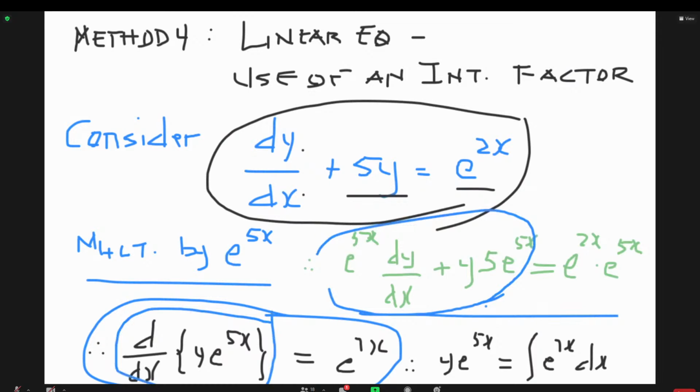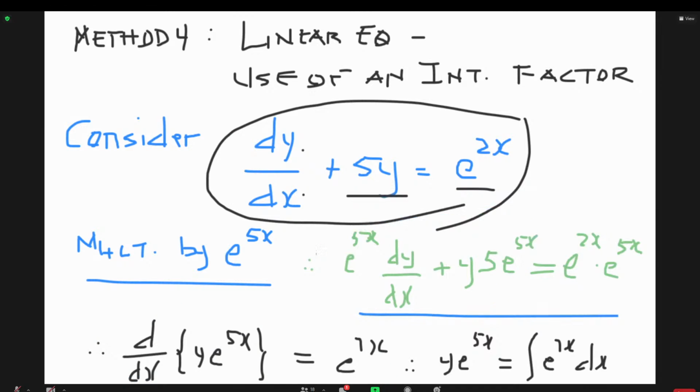So by multiplying by that particular value, e to the 5x, and how we come up with e to the 5x in this example, is we found the integrating factor, which was e to the integral of 5. So we got e to the 5x. And so when we multiply the left-hand side, we ended up with the differential of y e to the 5x, which is this here, except the 5. All right, so that's what we are doing here.